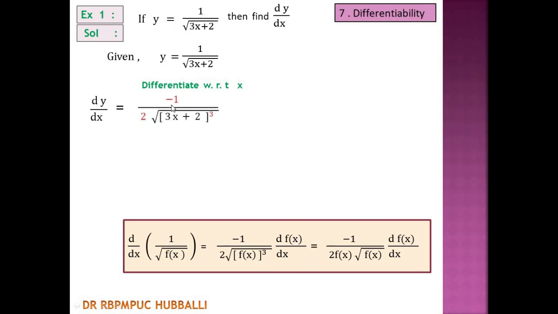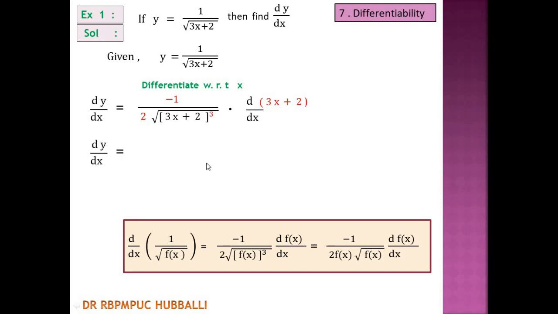So see here, minus 1 by 2 root, just take the cube for this inside term, that is (3x plus 2) whole cube, into d by dx of 3x plus 2, that is the function. So this is now the derivative of the given function, 1 upon root 3x plus 2.